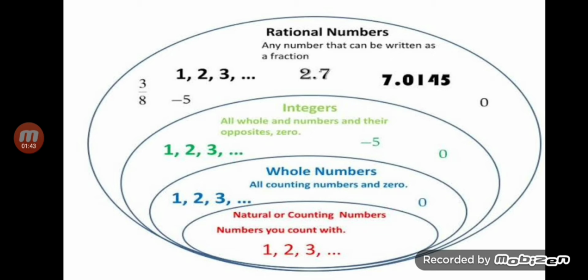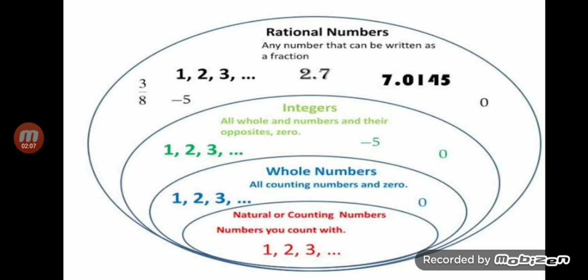Rational numbers are nothing but fractions. You are familiar with fractions. So symbolically we can say rational numbers are the numbers of the form p by q where q is not equal to 0. Here the numbers will be in fractions.